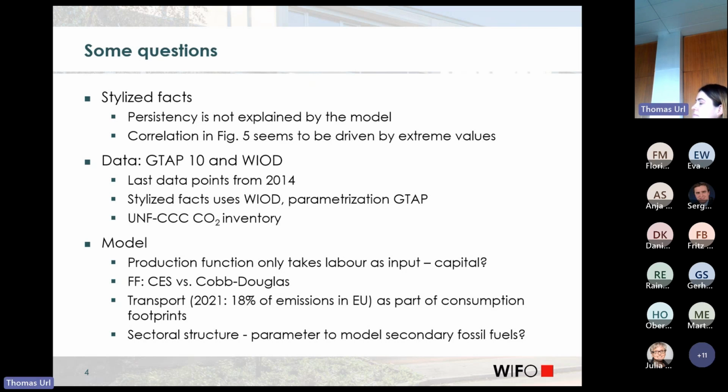Yeah, and you can do a lot of tweaking with the database to get it to a more recent level. You can take trade shares from trade data. We have them till almost last month.